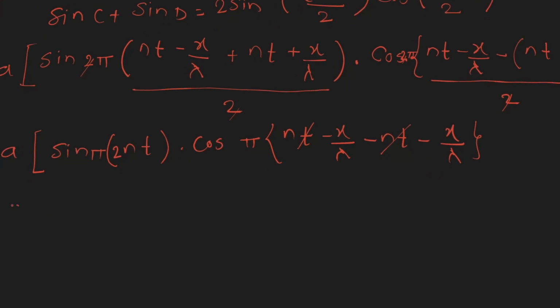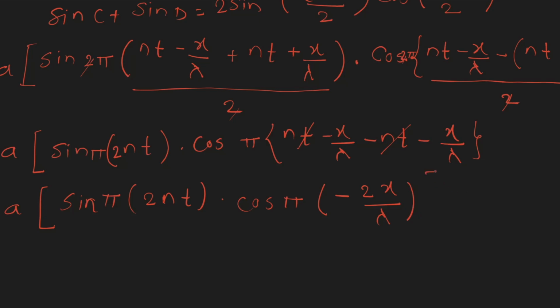Therefore this will be equal to A in bracket sine 2 pi nt, this is the angle, into cos of (pi minus 2 times x by lambda) bracket complete.